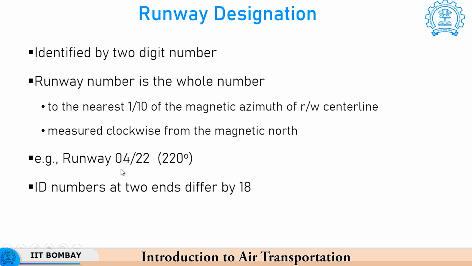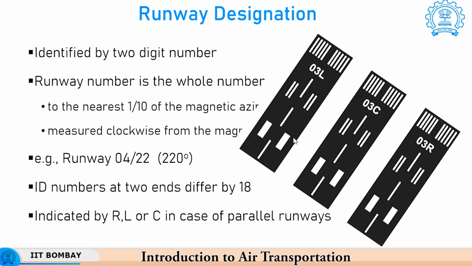So, therefore, the numbers will always be separated by 18, and if you have more than one runway inclined at the same or similar angle, then for example, here you can see there are 3 runways, all of them inclined towards 30 degrees, correct.